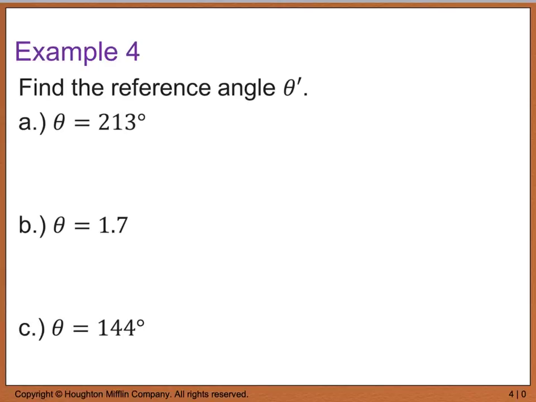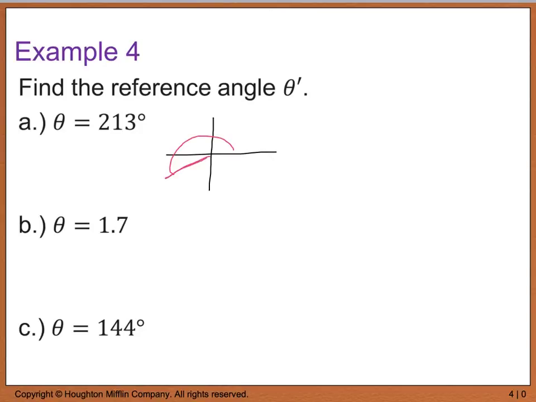So example 4 says to find the reference angle theta prime. For A, we have 213 degrees. So if I sketch this out, 213 degrees is a little bit more than 180, but not quite 270. So I'm looking at something over here in this quadrant.